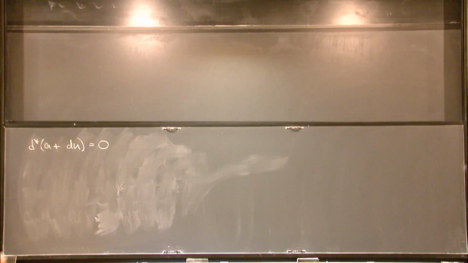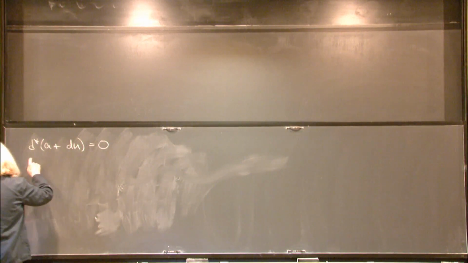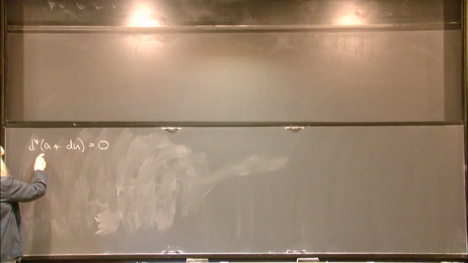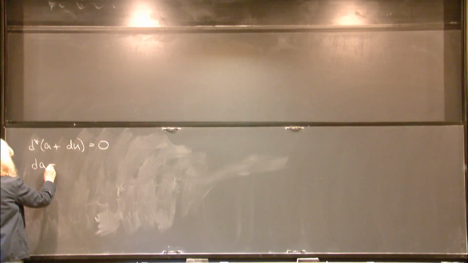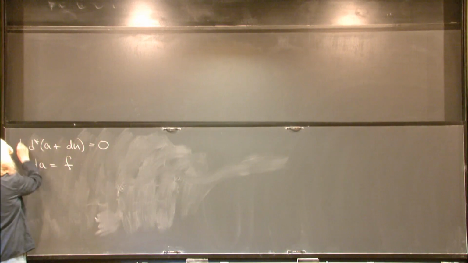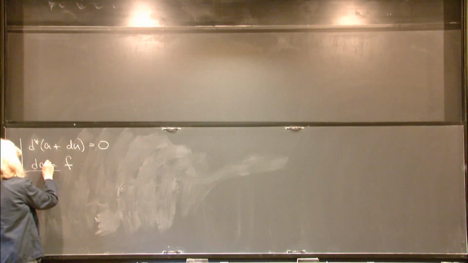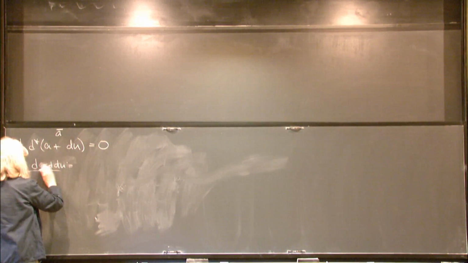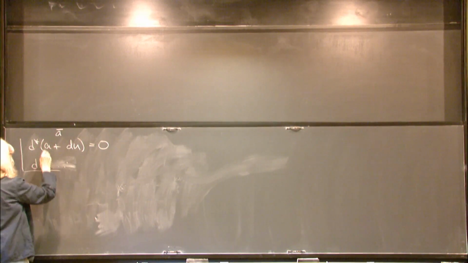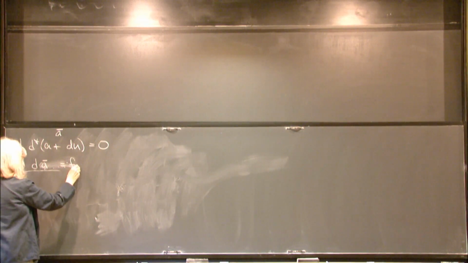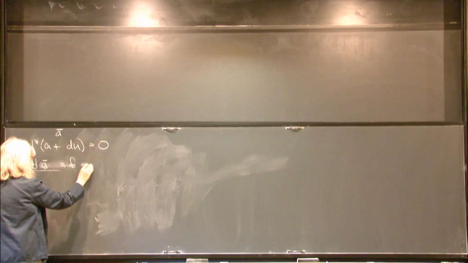And we solve this, and we know all about the solutions to this equation, and notice that dA is equal to F, dA plus ddu. Actually, let's call this A bar, and d A bar is equal to F, which is either 0 or controlled.